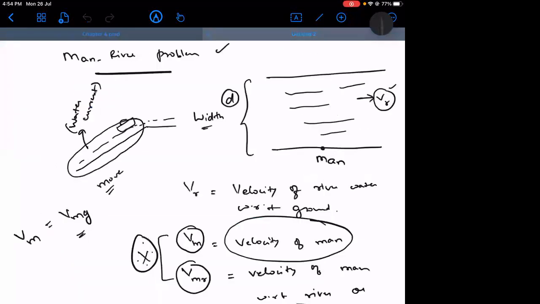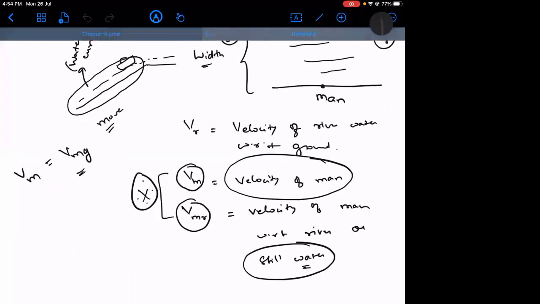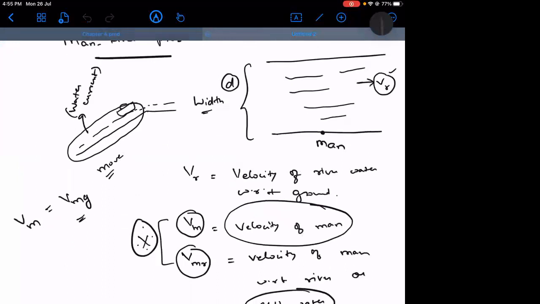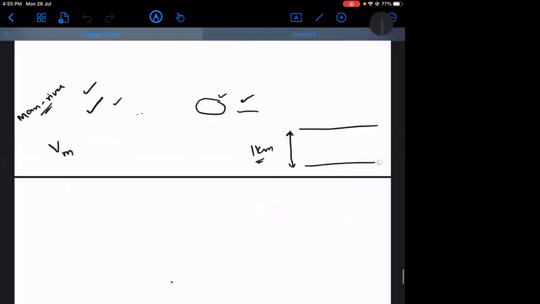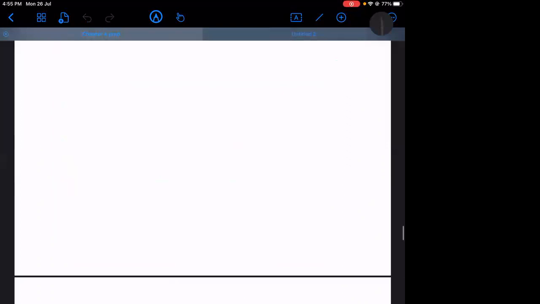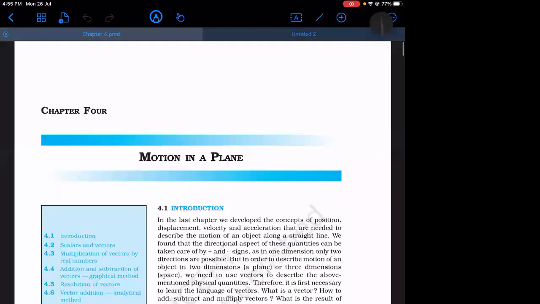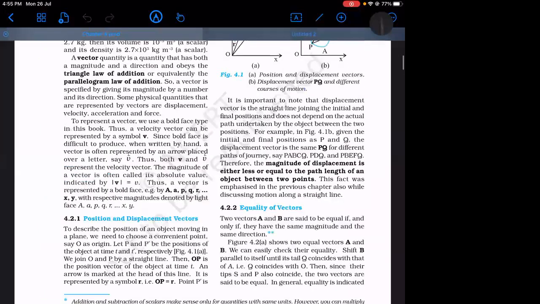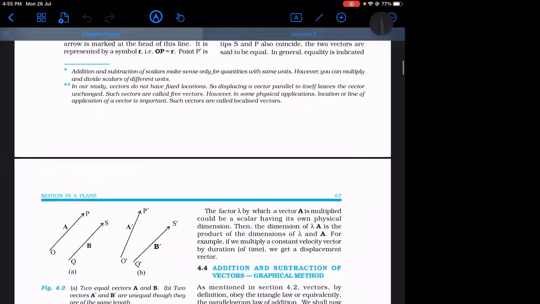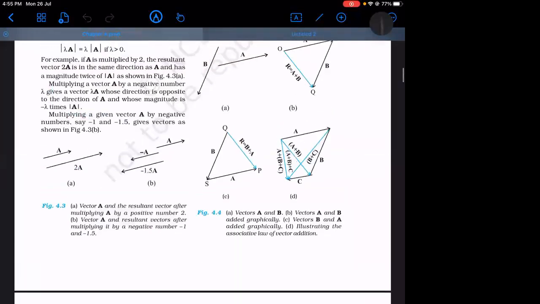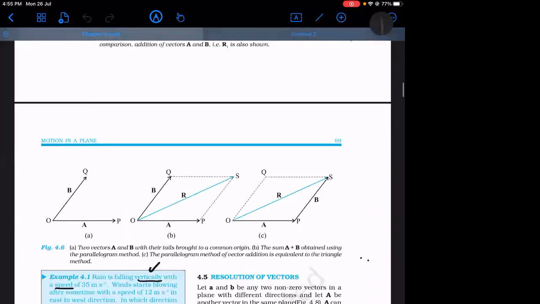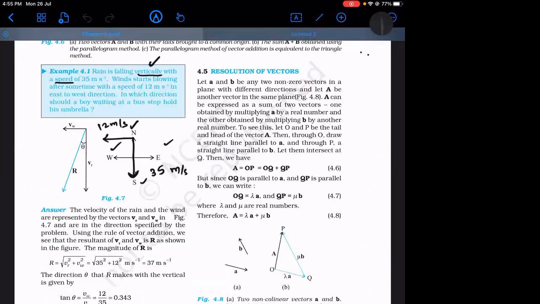Tell me. Could you scroll up to 4.1? We solved the example, right? 4.1 is based on parallelogram law. Yes, sir.